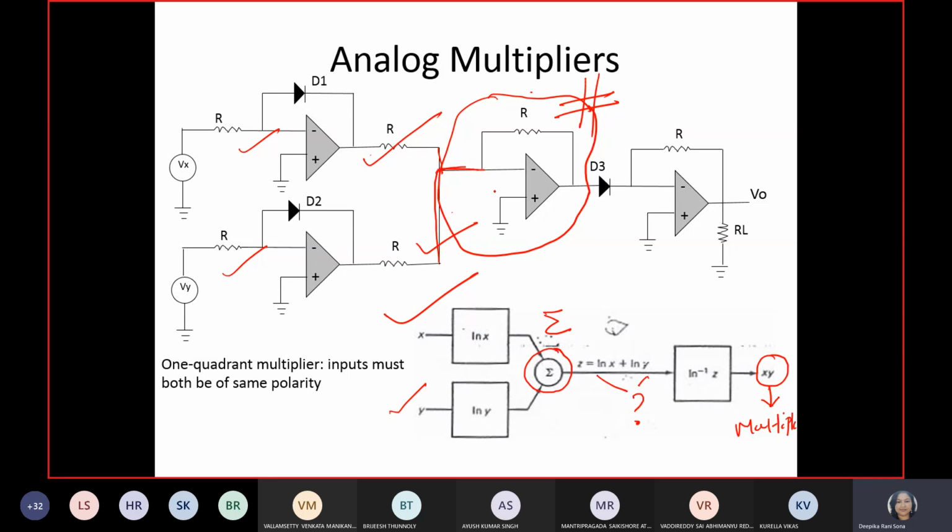Guys, one more thing is there in this circuit. Watch this circuit and tell me what is the function of the intermediate circuit between the two log amplifiers and the final anti-log amplifier. What type of circuit? We have designed the adder circuit, and we have taken this configuration as the inverting summer, right?